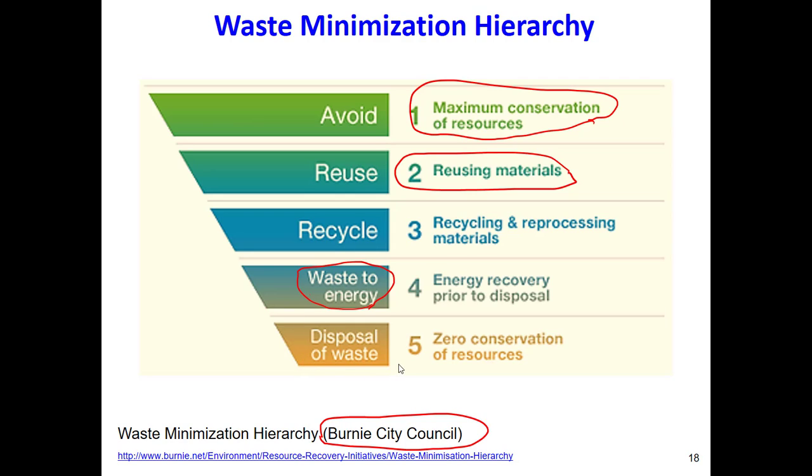And the last step is disposal to the environment. If we really cannot do anything about that waste, if we cannot reuse it, recycle it, or convert it to energy, we will dispose of it.